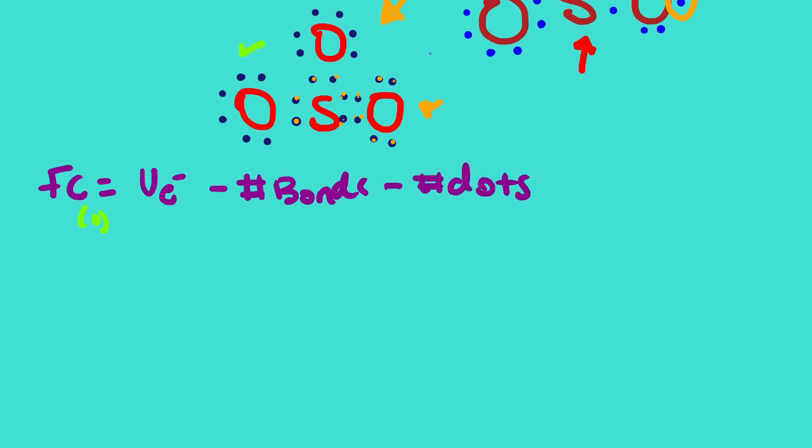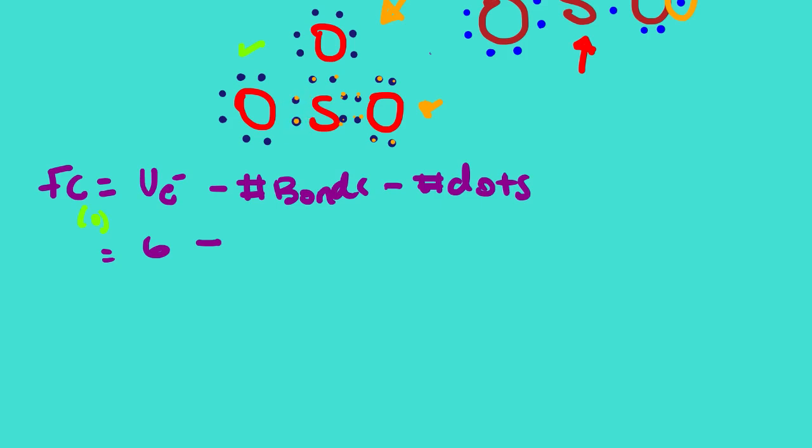Now let's calculate the formal charge of our first oxygen. For the formal charge of this oxygen, we look at the valence electrons of oxygen, minus the number of bonds, minus the number of dots. The valence electrons for oxygen is 6 because it is in group number 6. How many bonds?